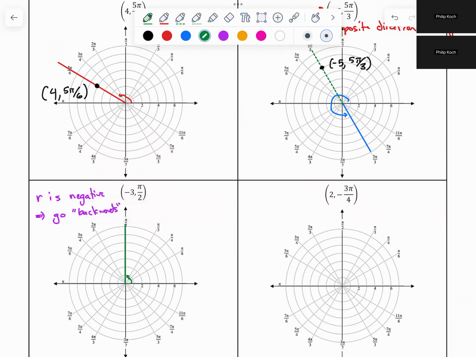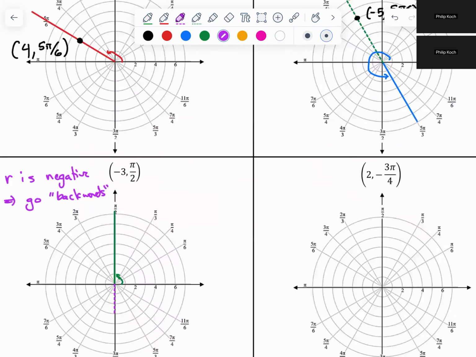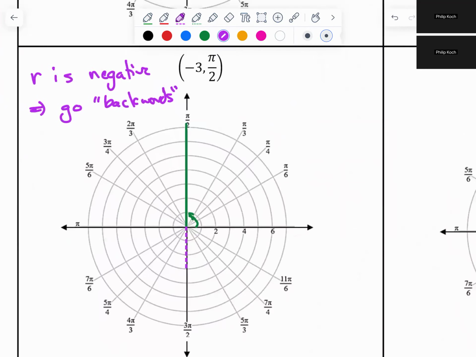And then we're going to go backwards 3. Actually, I'm just going to make the dotted line to go. I just keep changing my mind. I just keep having fun. So that was the original angle line, but it's a negative r value. So we're going to go backwards 1, 2, 3, and plot that point right there. That is -3 comma pi over 2.